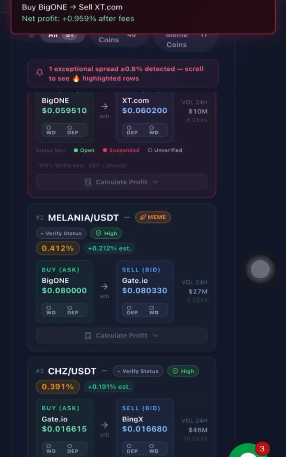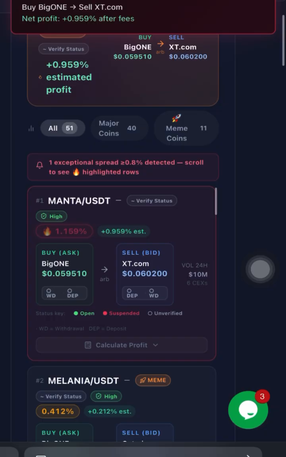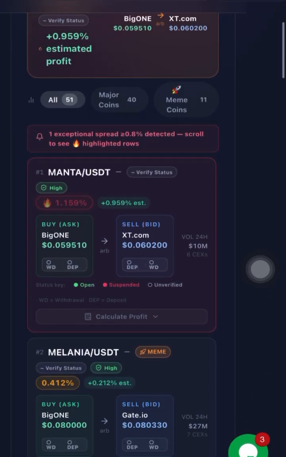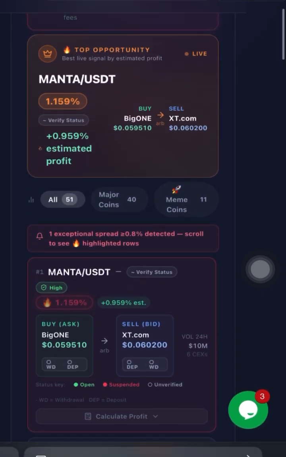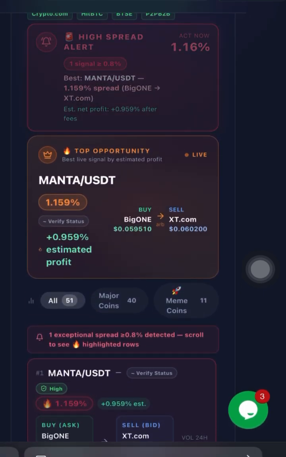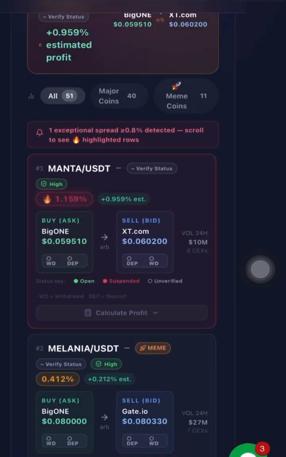We have a particular address that you have to use, and if you have the bot, I've already told you about that. These are some of the things you have to consider before you initiate a trade, or you will not be seeing that big profit that I've been showing you.